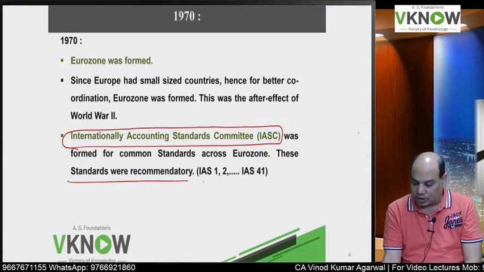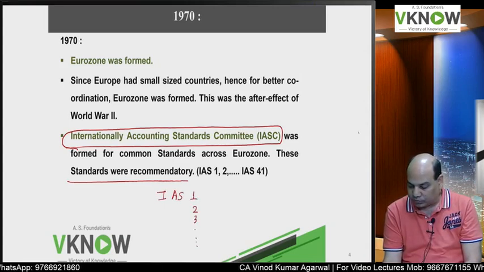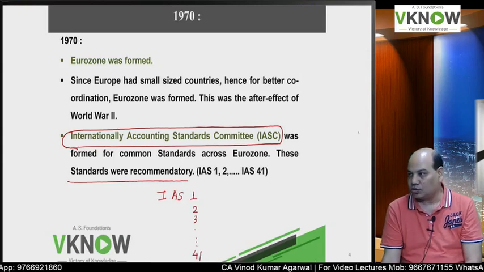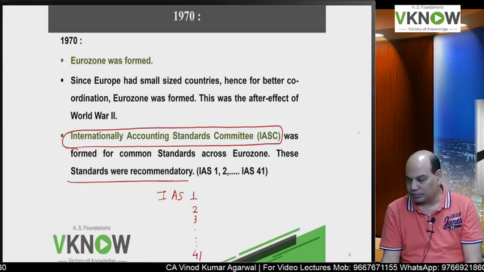So they are recommendatory, and the numbering system was IAS 1, 2, 3 and till 41 were issued. In between, some standards were deleted also, which were replaced by new standards.